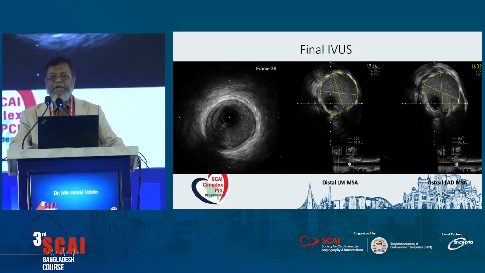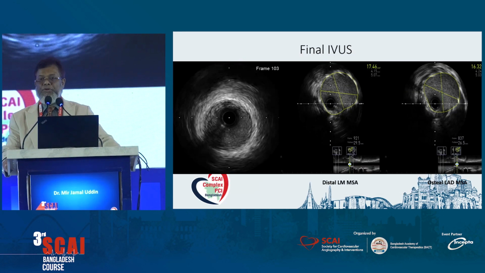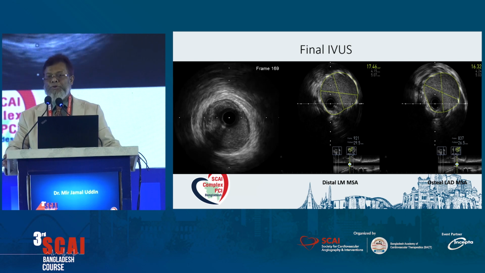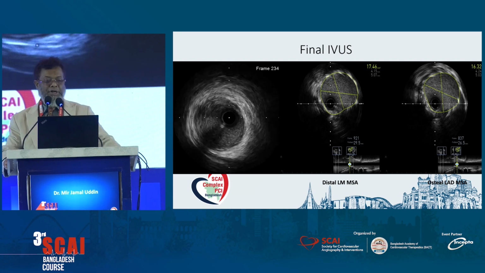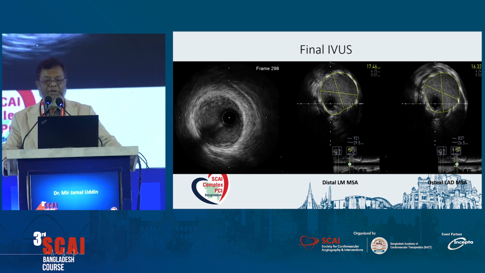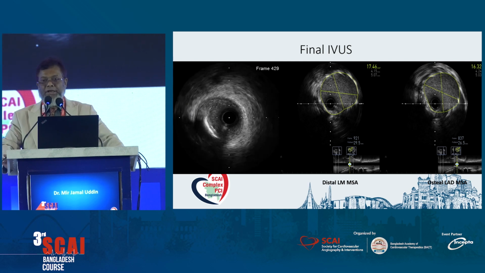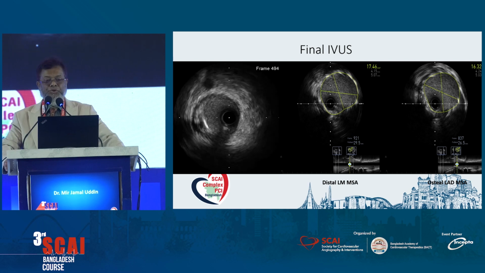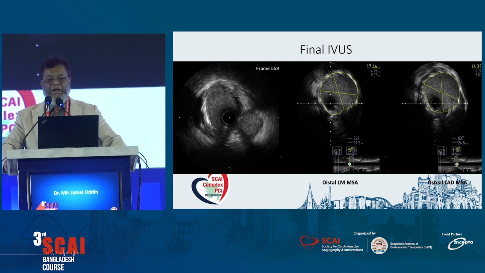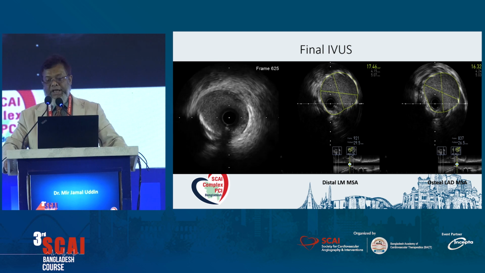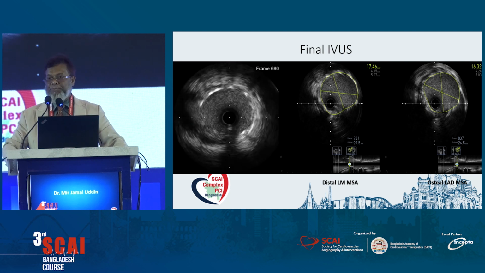And then once again I have done intravascular ultrasound, this is the third time. It is a problem doing intravascular ultrasound several times, and this time it shows that there is a well apposed stent, as well as the area is left main 17.46, and LAD ostium is approximately 16.32.